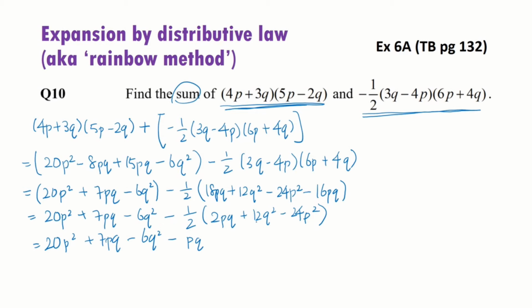So minus half times plus 12q squared, I will get minus 6q squared. And minus half again with minus 24, I will get plus 12p squared. Then we can rearrange, or if you're fast enough, you can directly simplify it already. But I'll just do the rearranging in case some of you require that.